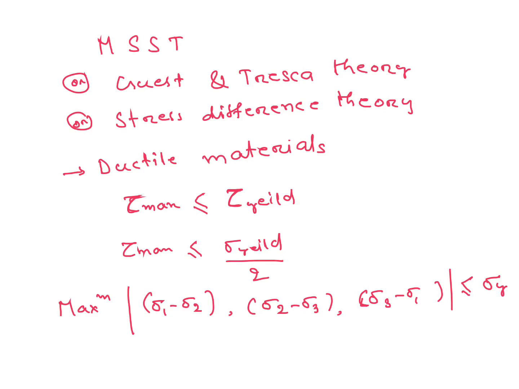And your graph is for maximum shear stress theory. This is also important. Sometimes in list 1 and list 2 matching, they will give this type of graph, and you have to match. List 1 shear stress theory, list 2 graphs they will give.